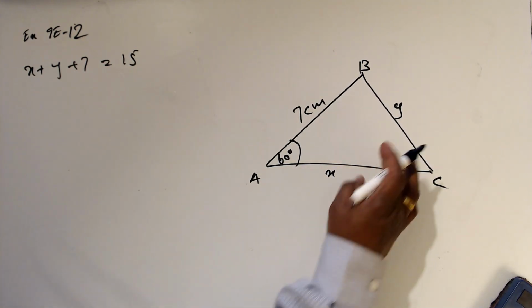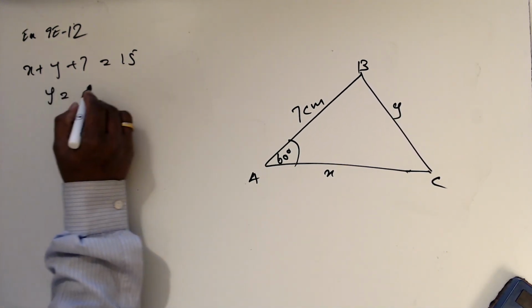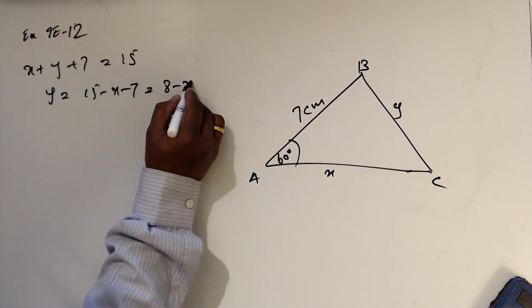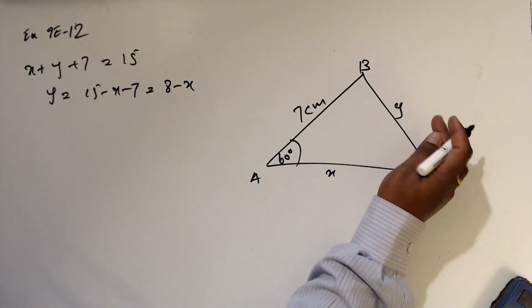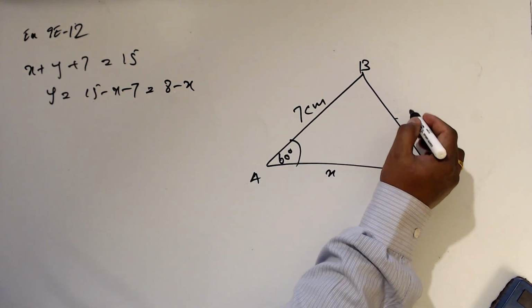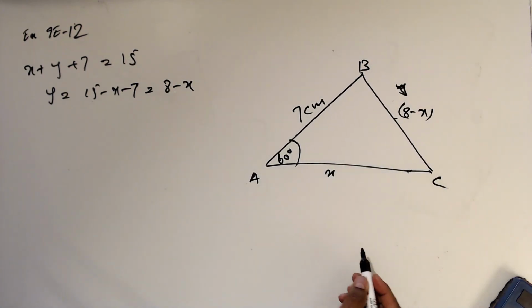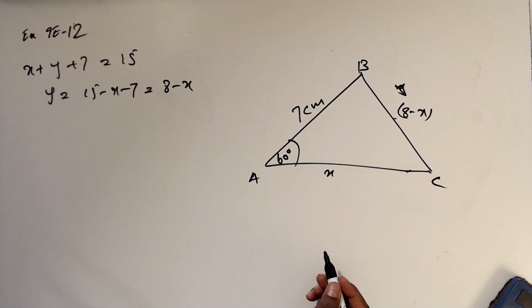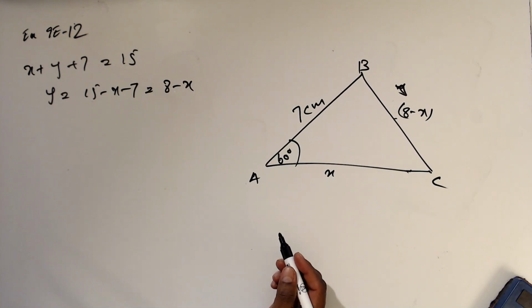Or we can make one unknown and then look at the possibilities. I can find y is 15 minus x minus 7, which is 8 minus x. Instead of y, now I am writing 8 minus x. And now I have one equation, one unknown. Then let's see what we can do.